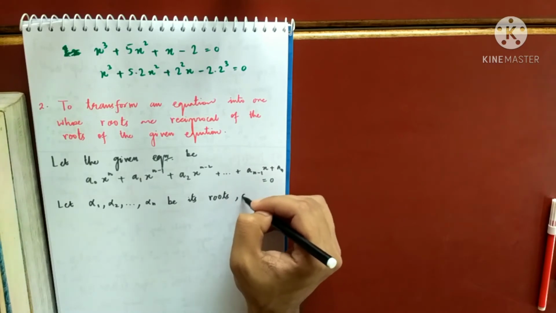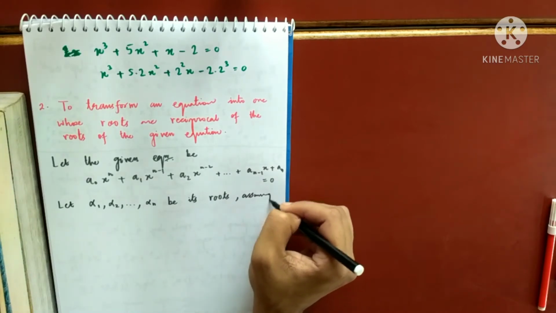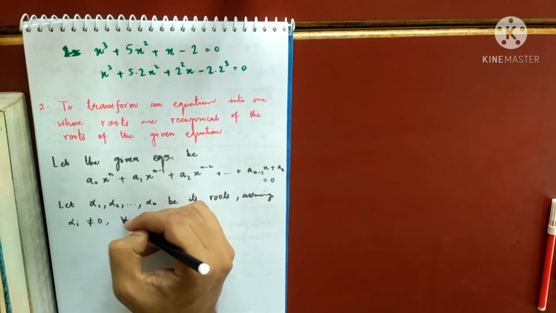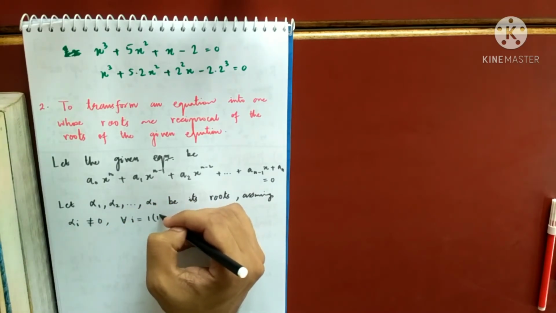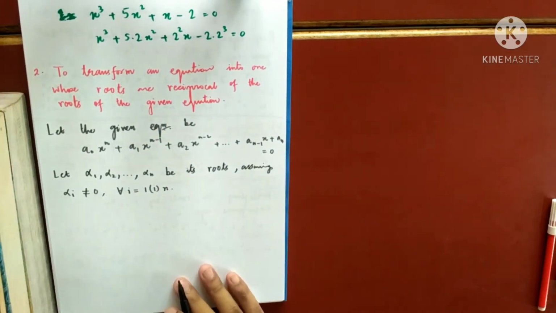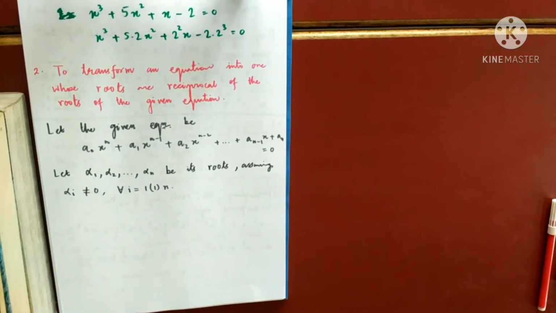Assuming alpha i is not 0 for all i, running from 1 increasing by 1 up to n. That means I'm assuming all the roots are non-zero, then only I will talk about the reciprocal roots. So what is my aim?